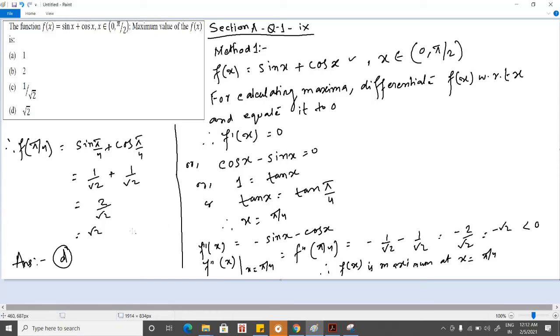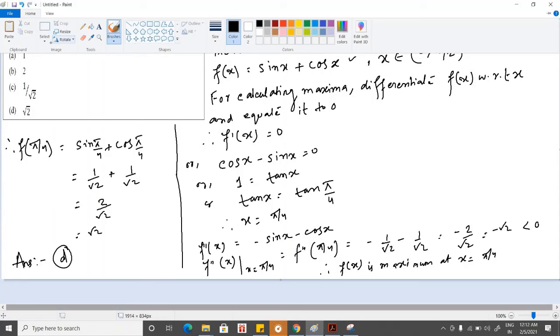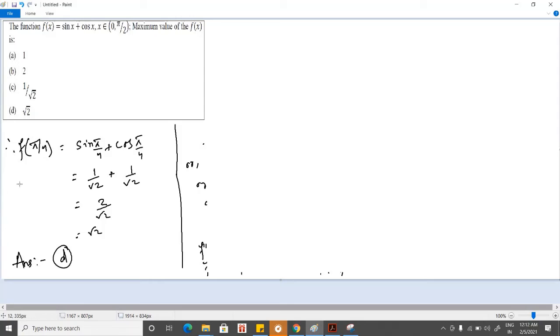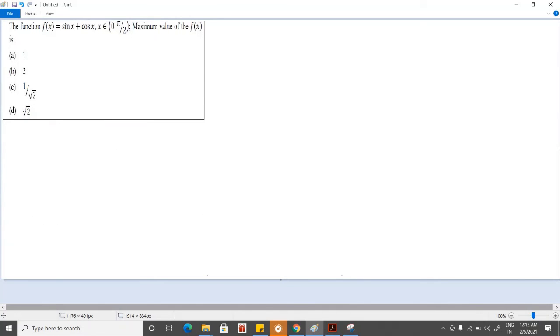This is method 1. Now let us see method 2. Let us take a y-axis and let us take an x-axis.